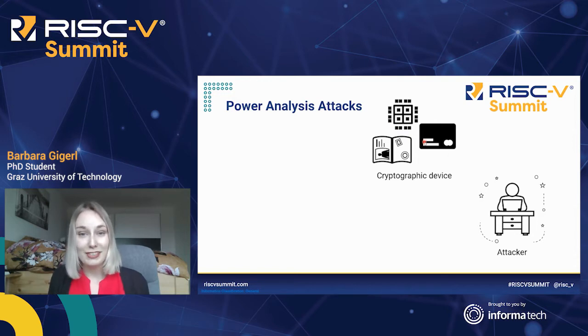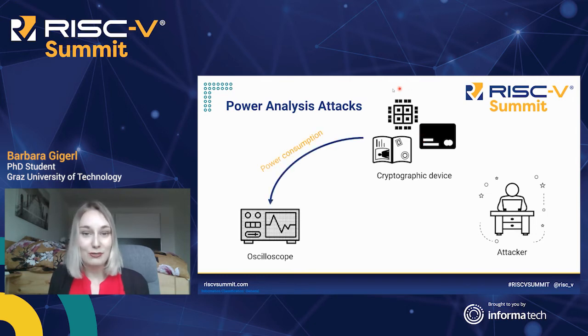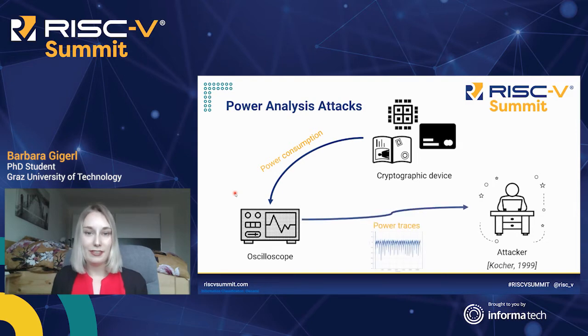For that purpose, the attacker uses an oscilloscope, which records the power information from the device while it does the computation. And this power consumption is delivered back to the attacker in a so-called power trace. You can see it here in the image. Now everything the attacker has to do is to make a connection from the power trace to the secret key.